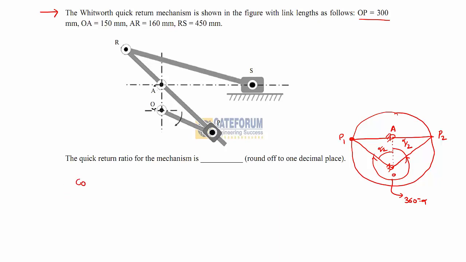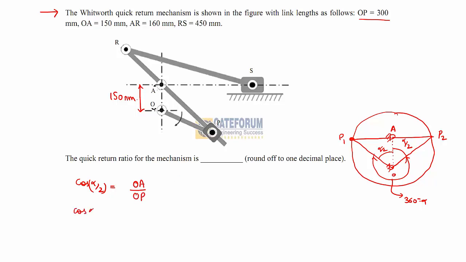So cos alpha by 2 is equal to the distance between the centers, OA, which is 150 mm, divided by OP1, that is OP.